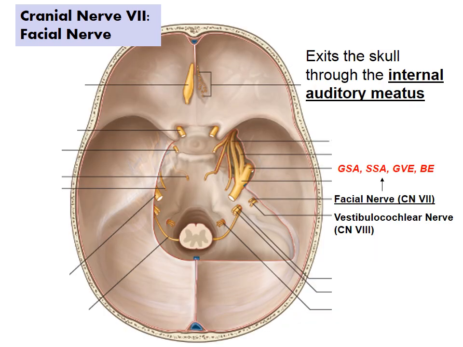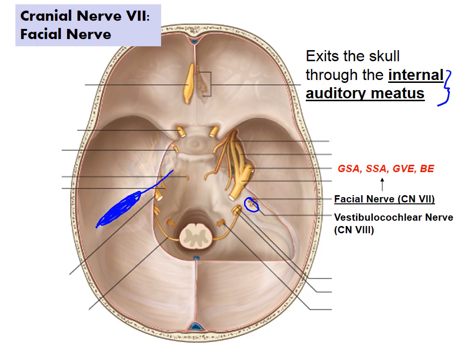So cranial nerve number 7, the facial nerve, exits the skull through the internal auditory meatus. Note that this is the general location of that meatus. On the left side, I'm going to draw a line that indicates where the petrous portion of the temporal bone is. Petrous means rock, and so there's this very large, hard bone over here called the petrous portion of the temporal bone.